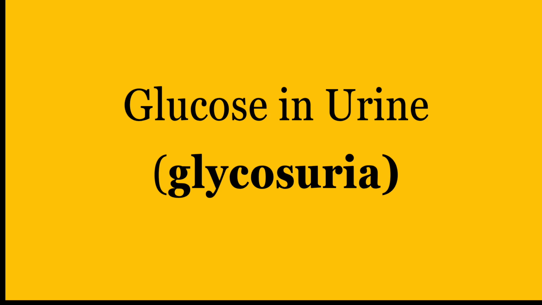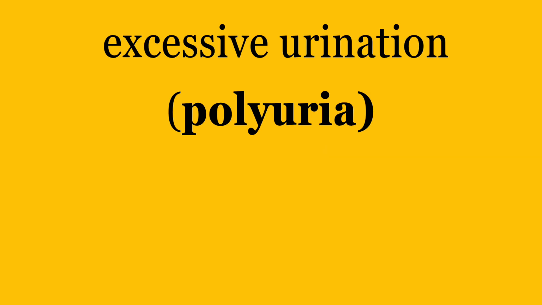Now, with glycosuria, the urine is now more concentrated than it normally is. Therefore, the body pulls in more water from the cells into the urine to try and balance the concentration of the urine, leading to frequent and excessive urination. You see how when you drink a lot of water, you urinate a lot.